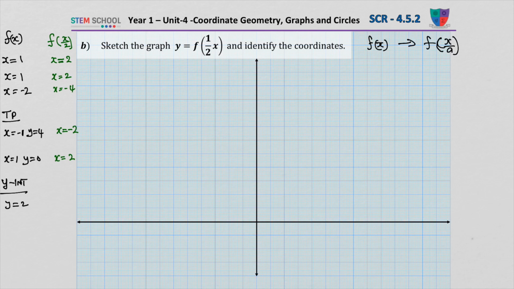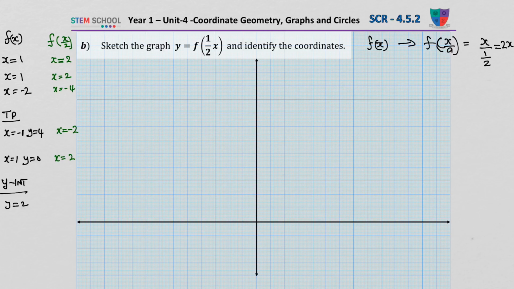So if I have a to be a half, then I get f of 1 over half, which would be 2x. So that's how I get that. Because if you're changing a and you multiply by a, you're multiplying the x by a, you're really dividing it by a.